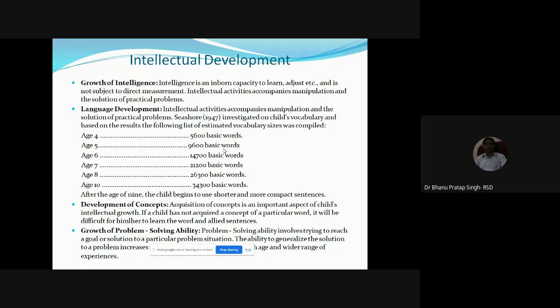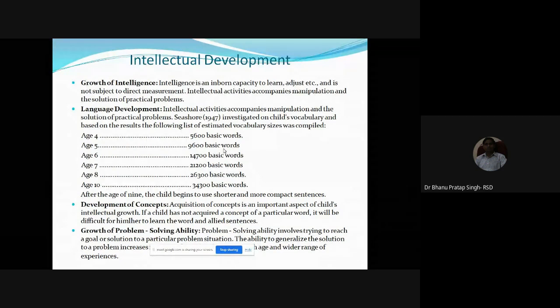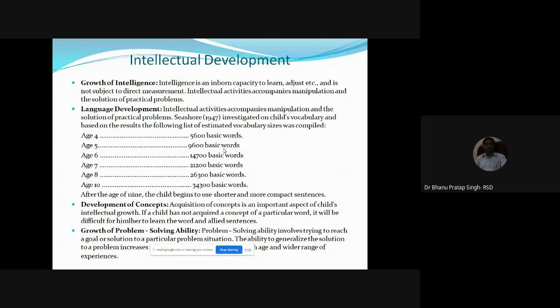if we talk about intellectual development, we should be aware of the growth of intelligence. Intelligence is an inborn capacity. We discussed it yesterday. Intelligence is the capacity to learn and to adjust, and it is not subject to direct measurement.